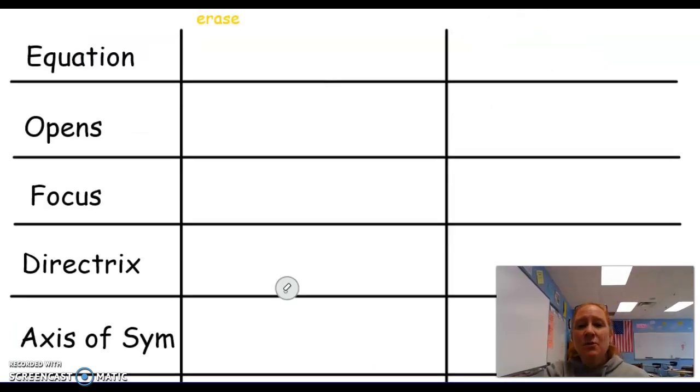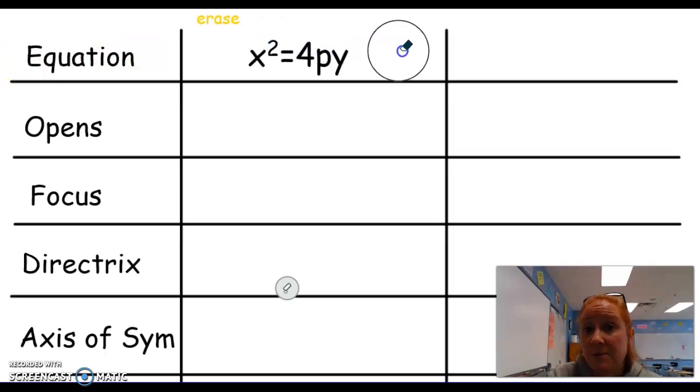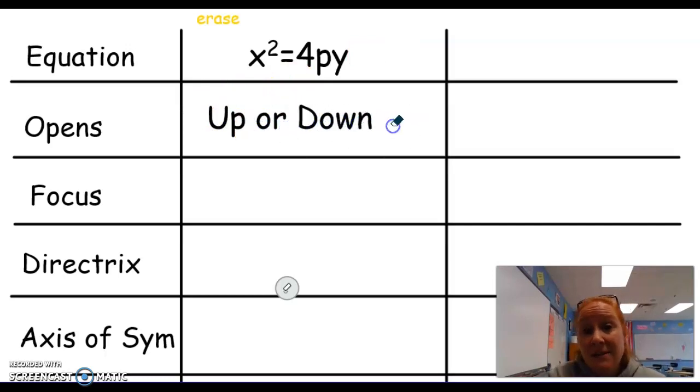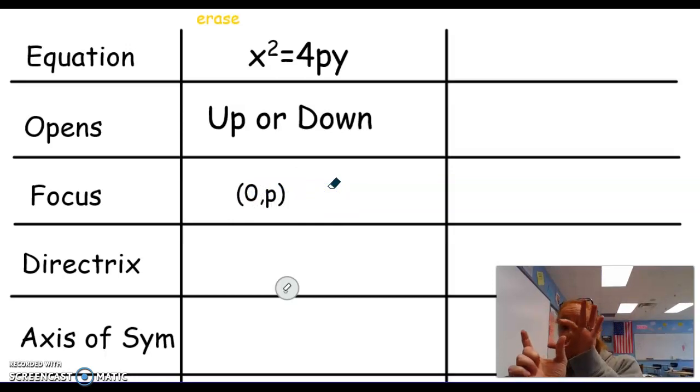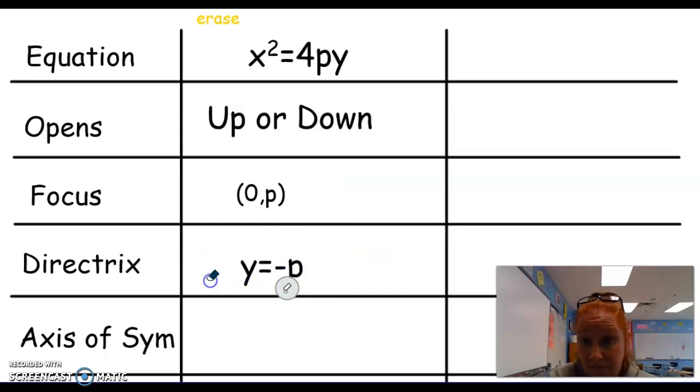Okay, so let's just quickly go through and make a table, because sometimes that helps us just to put things into our brain. So if the equation is x squared equals 4py, does it open up and down or side to side? It's going to open either up or down, depending on what the value of p is, if it's positive or negative. Okay, the focus, therefore, since it's opening up and down, it's going to be right here in the middle. And so the focus is (0, p), and then the directrix is just the opposite.